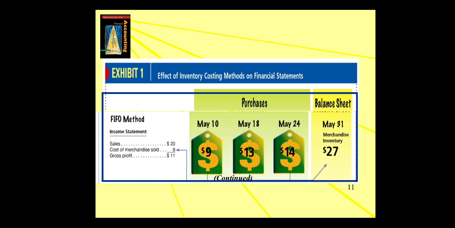And then the third purchase is on the 24th of May. At that time, the price of the product purchased by the business is $14 per unit.